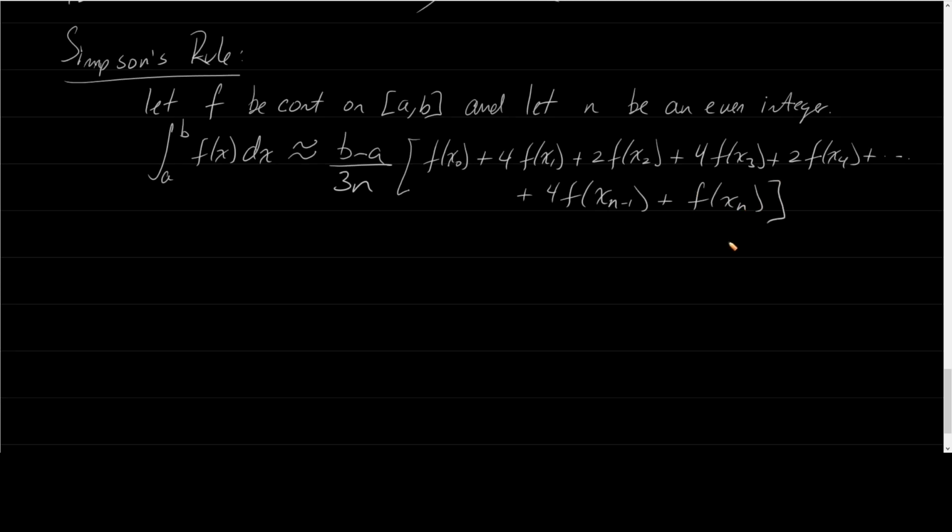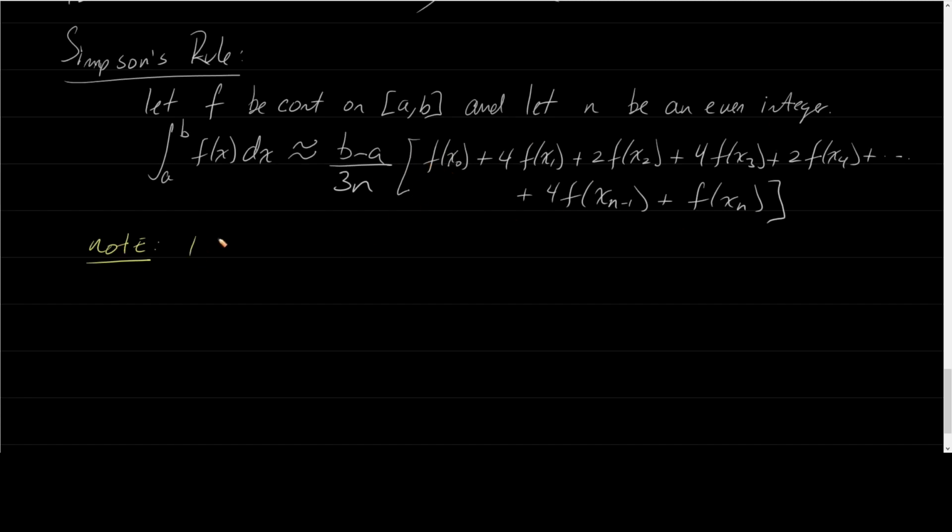Notice here the pattern. Before, for the trapezoid rule, the pattern was 1, 2, 2, 2, 2, 2, 2, 2, 2, 2, 2, 2, 2, 2, 1. Everything in the middle was 2s, except for the first and the last one.